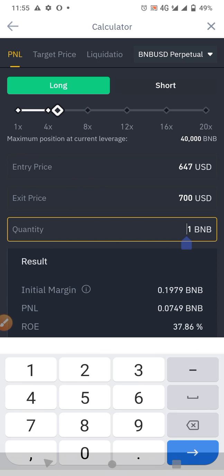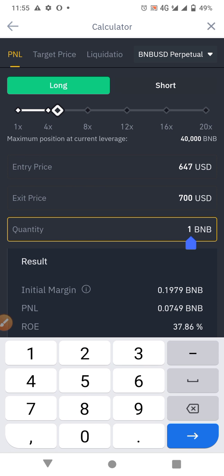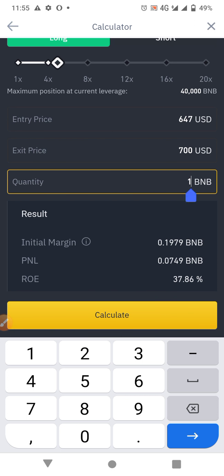Okay, let's assume that I use 1 BNB to trade, and BNB rises from $647 to $700. The amount of BNB I'll get in profit, the initial margin is what? The initial margin is my investment.